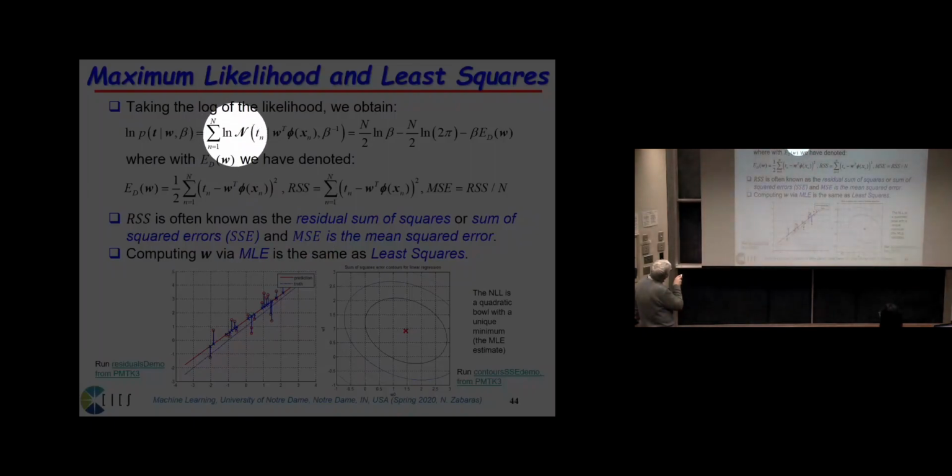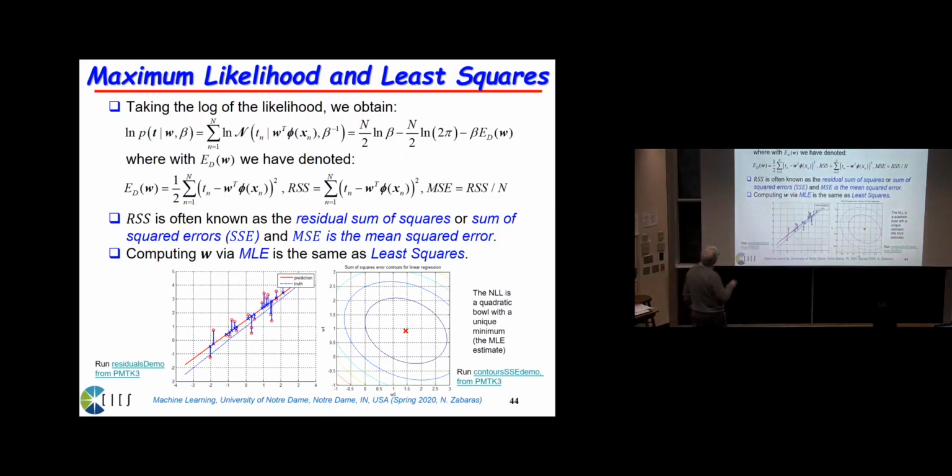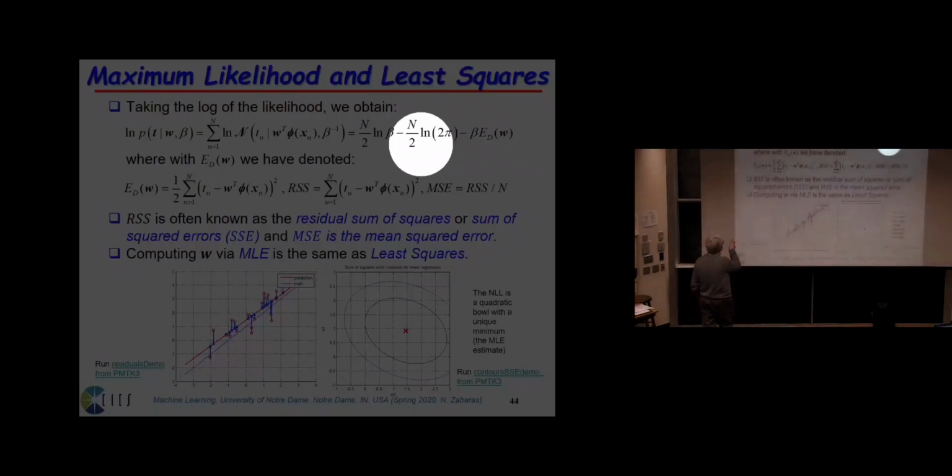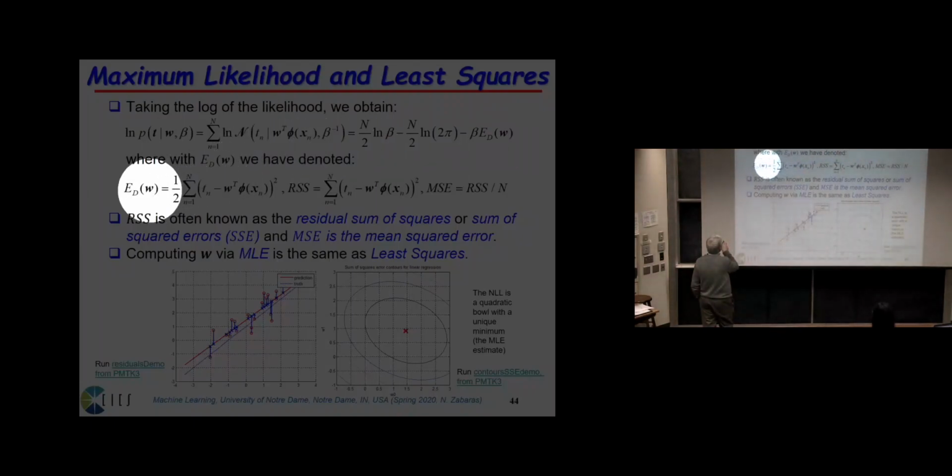If you expand the log of these Gaussians, you can immediately see that this log likelihood is written with the logs from the normalizing factors, minus beta times this error function that we have seen before, but now I formally introduce it explicitly with a name.